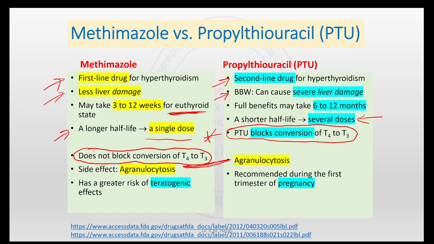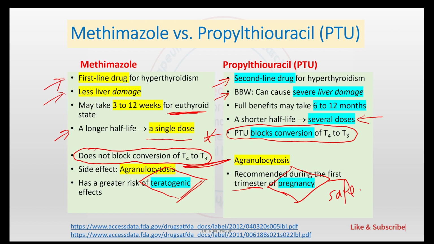Differences: methimazole is considered teratogenic. Propylthiouracil we can prescribe during pregnancy, especially during the first trimester. It's safe during pregnancy.